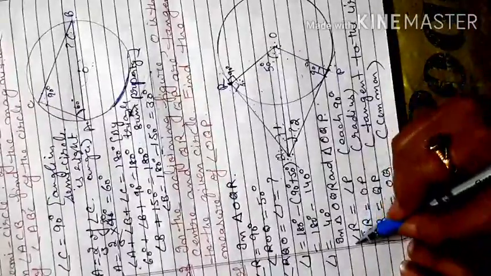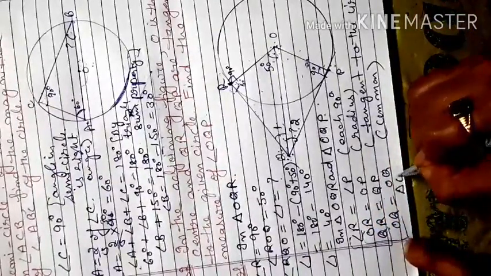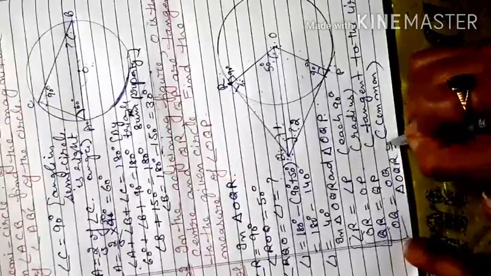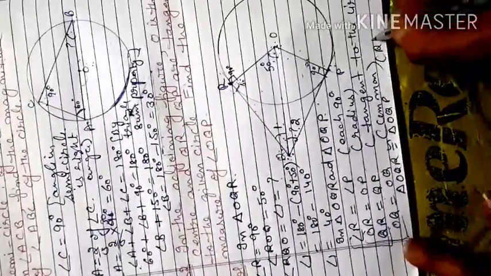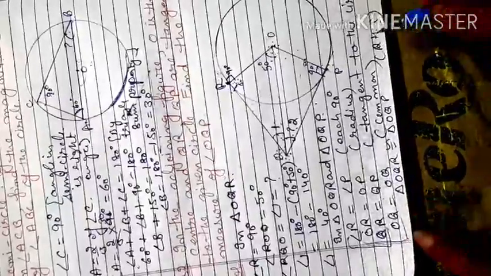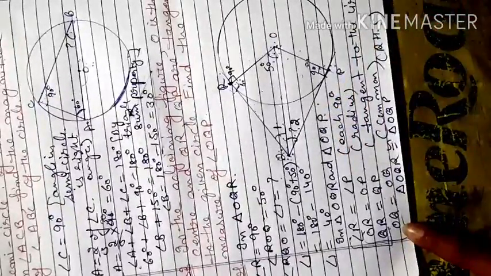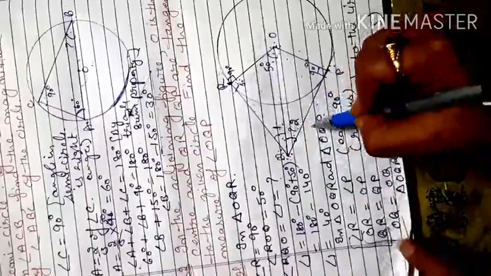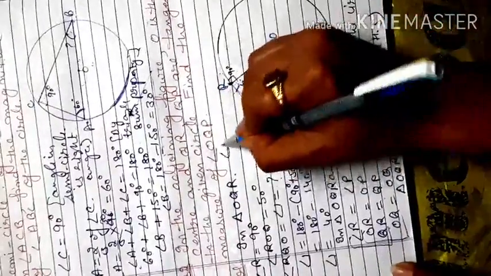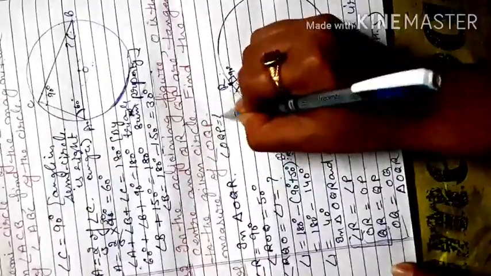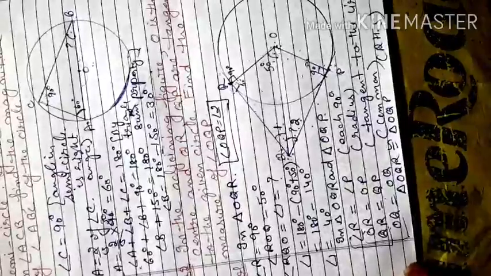According to the condition, I can go with RHS property, that is triangle OQR is congruent to triangle OQP by RHS property. Now if the triangles are congruent, this angle must be equal to angle 2. Angle 1 is equal to angle 2, because we marked that angle OQP is equal to angle 2 in the figure.